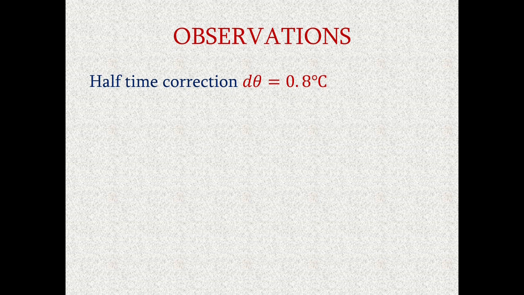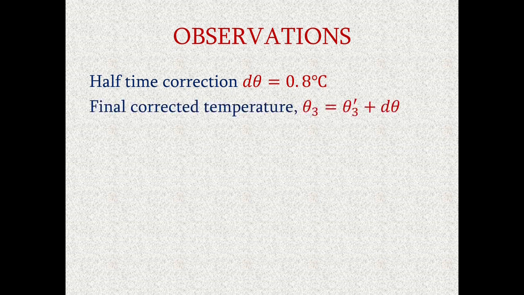Then the time taken for attaining the maximum temperature is noted. For example, if it has taken 2 minutes to reach the maximum temperature, then half-time correction means the temperature drop for 1 minute. This I have explained as an example. So for half-time correction, d theta is 0.8 degrees centigrade.